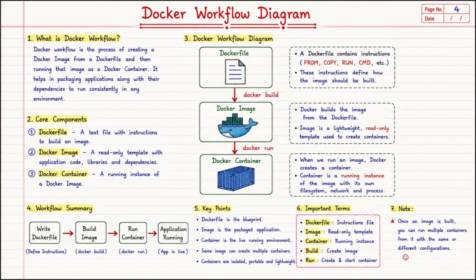A container is simply a running instance of a Docker image with its own file system, processes, and networking. One important thing to remember is that a single Docker image can create multiple containers, making deployments fast, consistent, and highly scalable. So the complete workflow is very simple. Write the Dockerfile, build the image, run the container, your application is live.